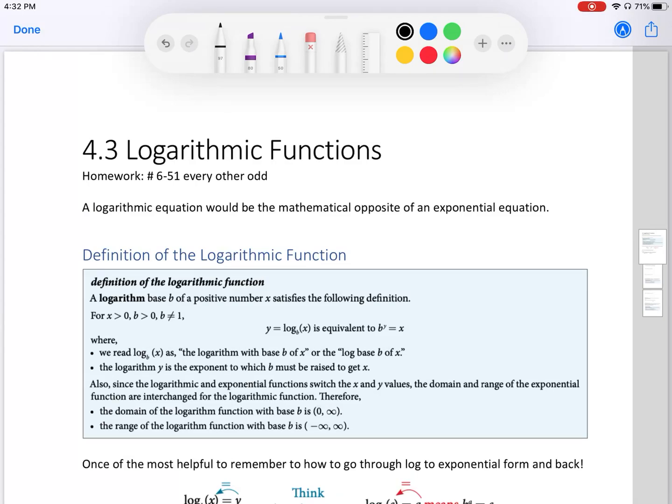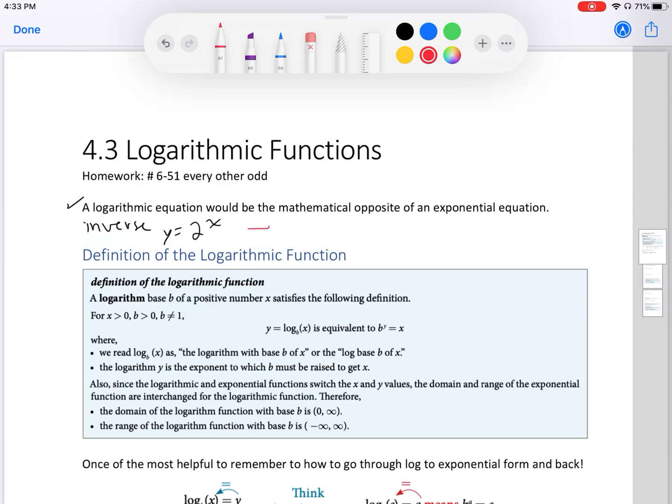Section 4.3, Logarithmic Functions. To begin, in the most general sense, a logarithmic equation is the mathematical opposite of an exponential equation. Why is that so important? Well, if I'm ever asked for an inverse of, say, 2 to the x, how do I find that?